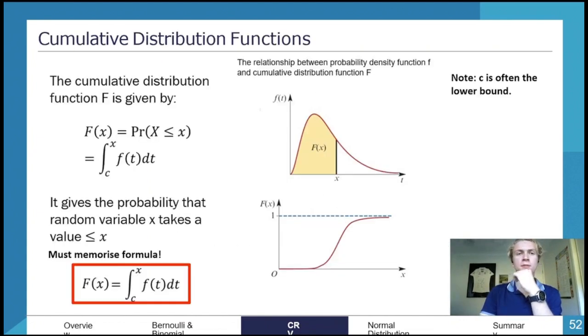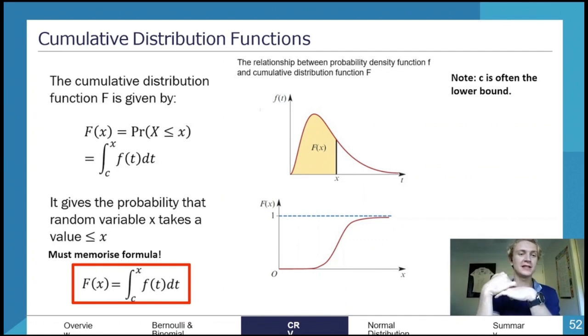Okay, cumulative distribution function. So we're almost at the end now. We are getting there. Cumulative density functions are the application of probability density functions. It's like the probability that a random variable X is less than x, different x's. Sorry, I've written that wrong.